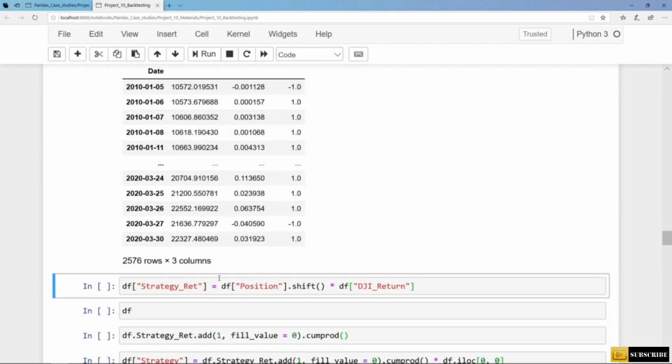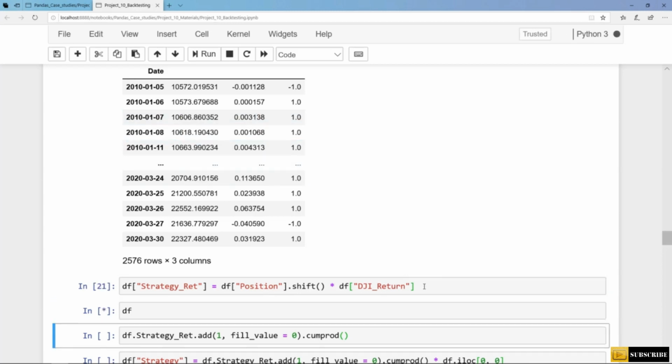And with this, we can create the additional column strategy return. So this is the daily return of our momentum strategy. And the intuition behind this is pretty simple. So we actually shift the position by 1 timestamp and then multiply with the return of the Dow Jones Index.